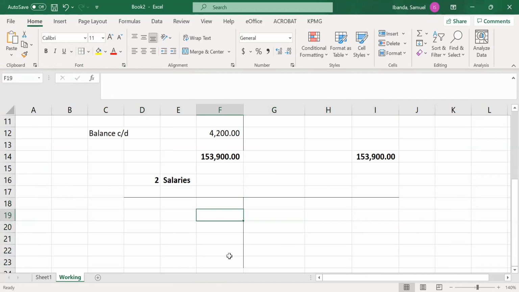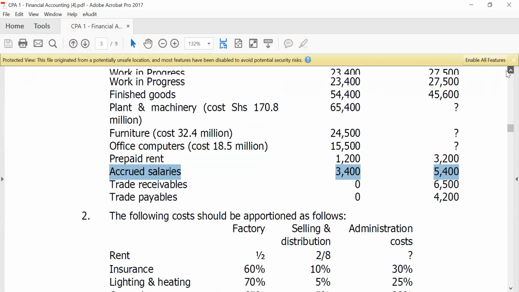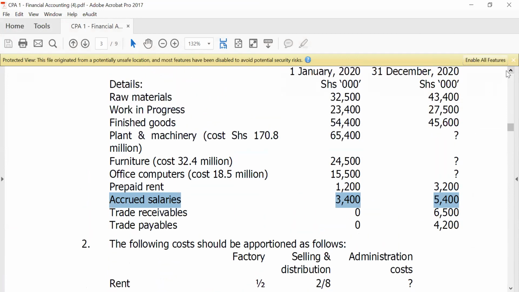So I want you again to be attentive here. The first thing I'll always look at are my balances, just like the way I did when I was looking at trade payables. In the same way here, we have accrued salaries. The word accrued salaries means outstanding salaries. They're basically salaries that relate to the financial year, but were not settled by the close of the financial year.